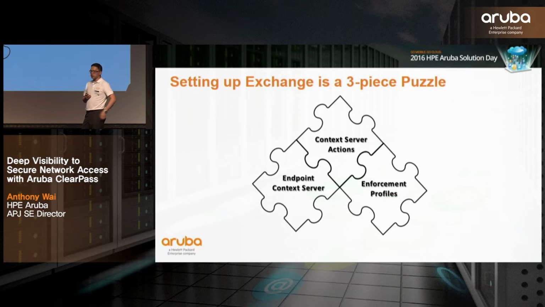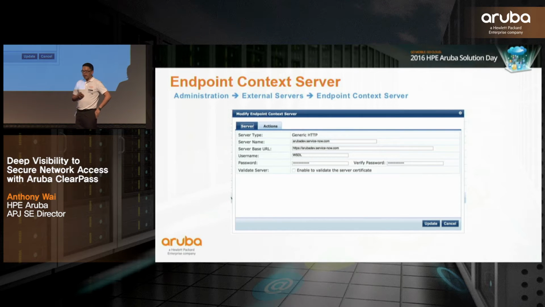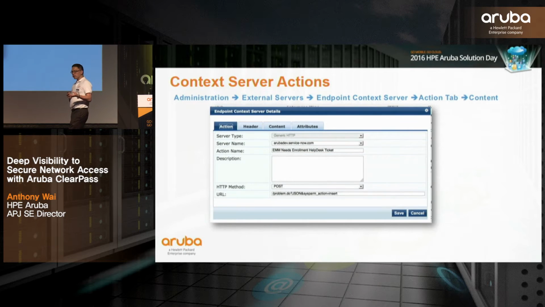What triggers the action? At the configuration page, the administration page, you always define the server, whether it's your MDM server or a third-party server like Twilio. Then you can define the action that is being called, whether it's an HTTP post message or it's embedding a message. This is the action that you need to call.